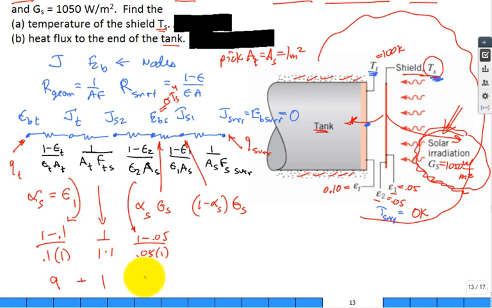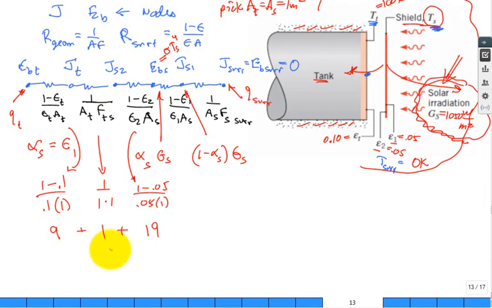Is that 19? 19? So I have these resistors in series. So I can sum them to get an equivalent resistance of 29. Inverse meter, if you'd like to put the units. All right, let's take a look on the outside right out here.